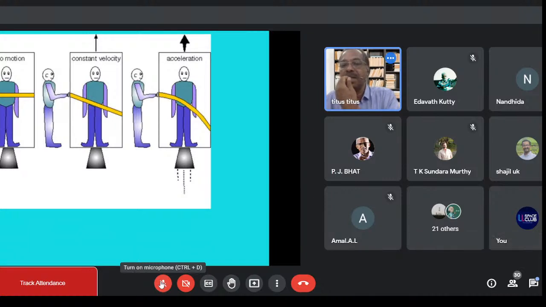Let me repeat: Fermat's principle says that light will move in straight lines. At the same time, in the presence of gravity, light is taking a curved path. Let me take these two sentences side by side. On one side, in the presence of gravity, light is taking a curved path. On the other side, Fermat's principle tells me that light will take a straight path. So what do I have to conclude? Now in an accelerating frame, the straight path means a curved path.